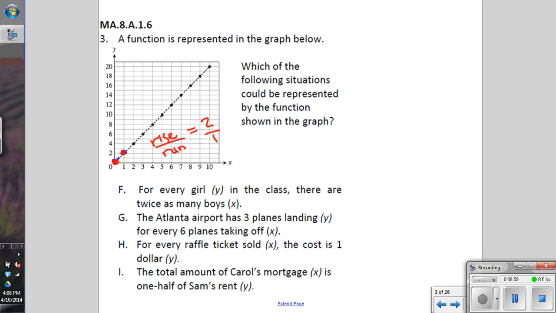The more streamlined way to do it is to say, we know that rise is the Y and run is the X. So if every one girl is 1, then there are twice as many boys, so that should be 2. That's 1 over 2, not 2 over 1. That's not the answer.